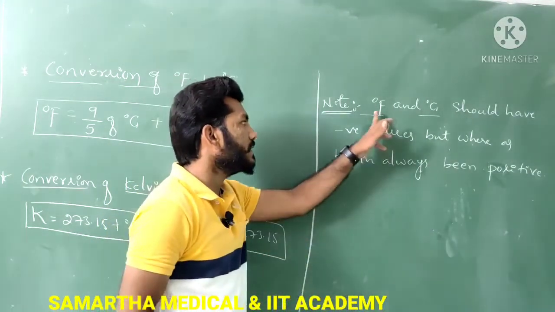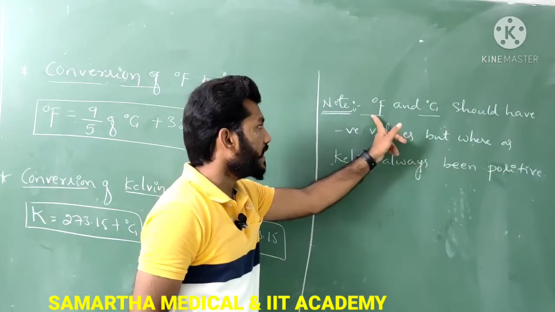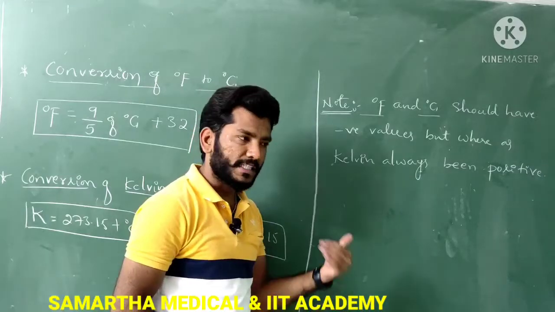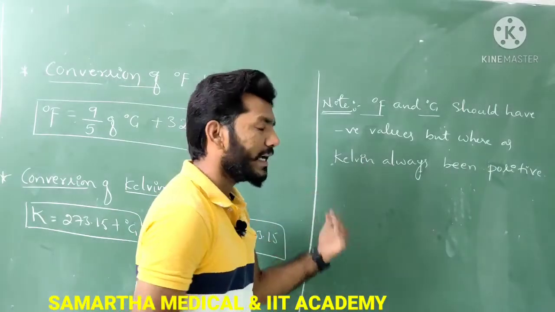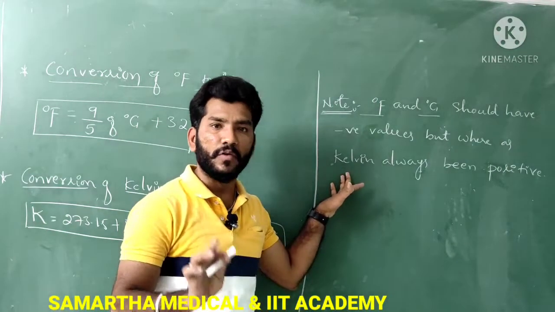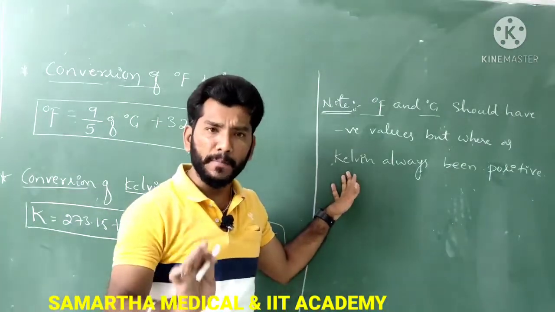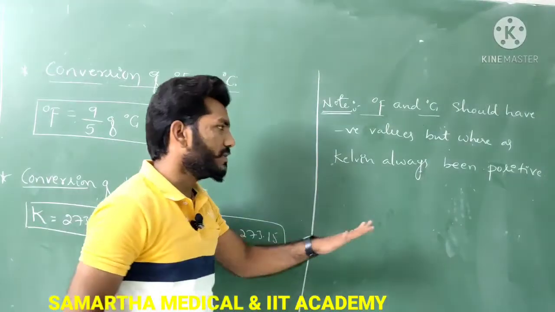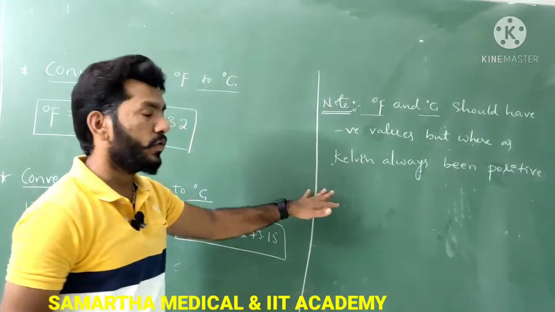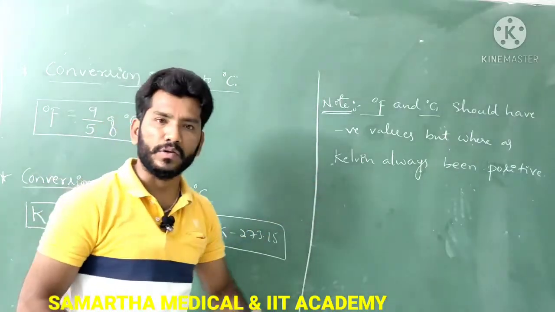Why? Because degree Celsius and degree Fahrenheit can be expressed with negative terms, but we cannot have such a thing for Kelvin. Kelvin is always positive. This is a small thing by the way, but we have to know that particular concept.